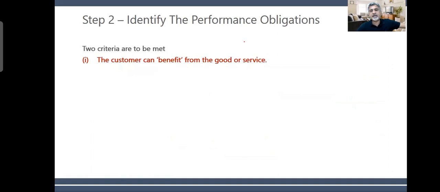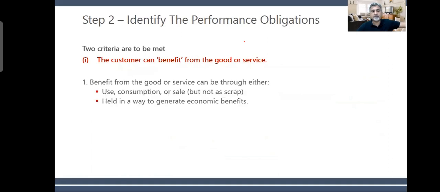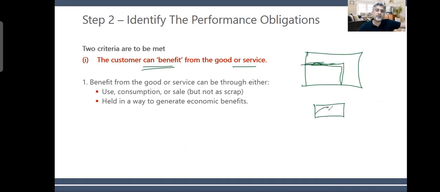The two criteria for performance obligation are to be met. Number 1, the customer can benefit from the good or service. Like I told you that in that wall, you make the electricity wiring holes. So these holes, if somebody, they can benefit, or maybe you dig the foundation of the building. The customer can benefit.